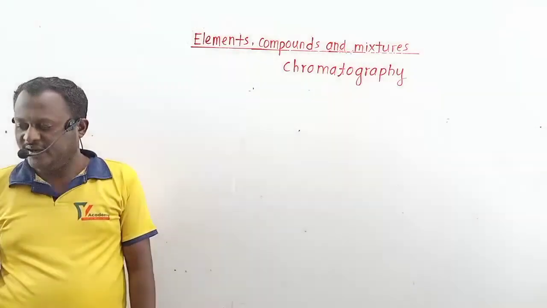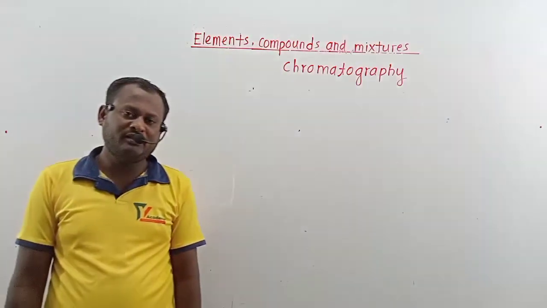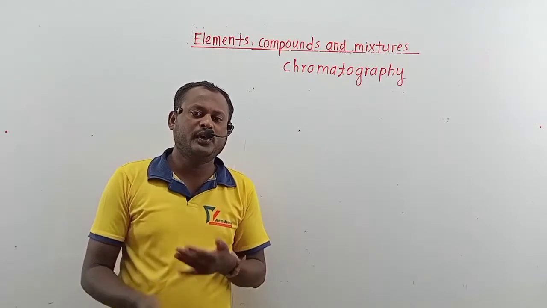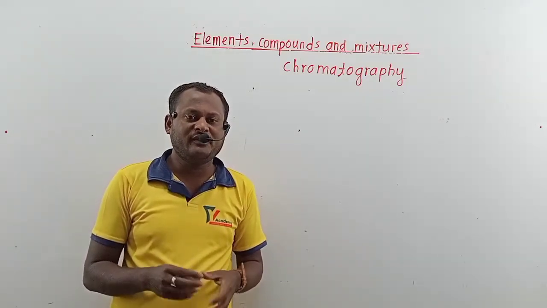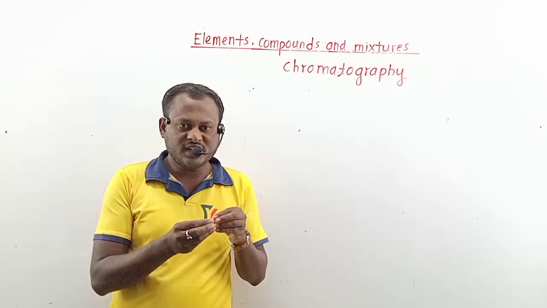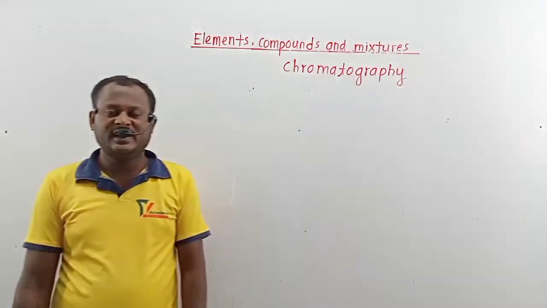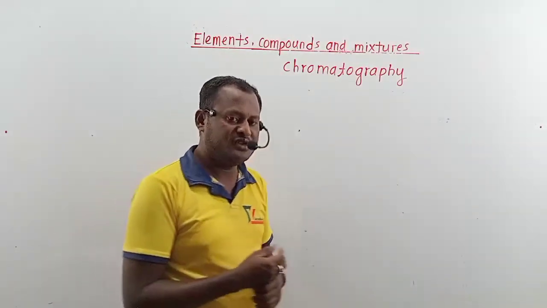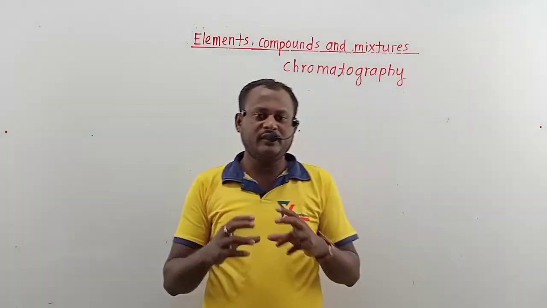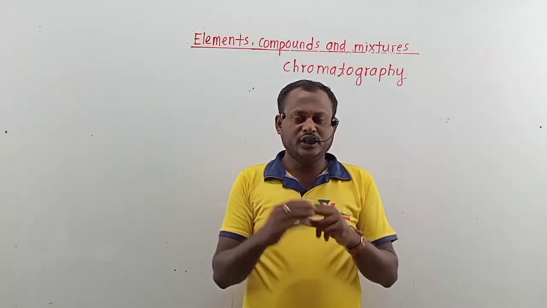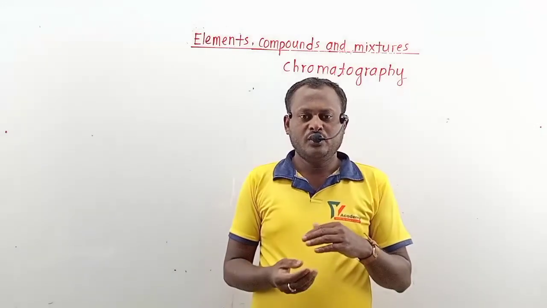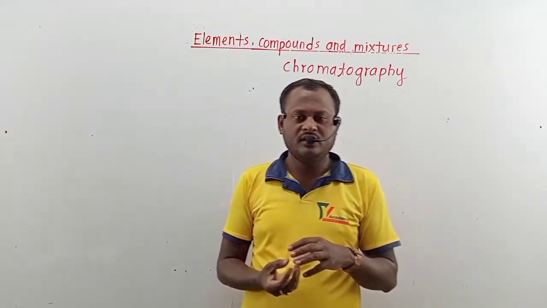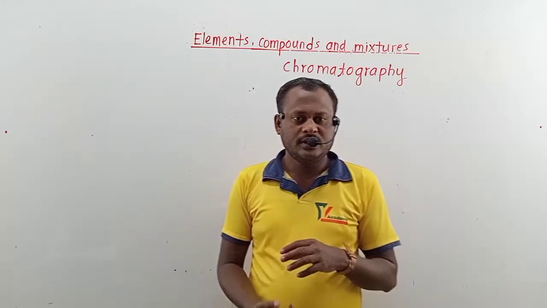Here also the same principle applies: the component in the mixture whose molecular weight is less will go to the bottom of the tube, and the component which has higher molecular weight will stay at the upper side of the tube. So we can separate the components of the mixture from the bottom of the test tube.